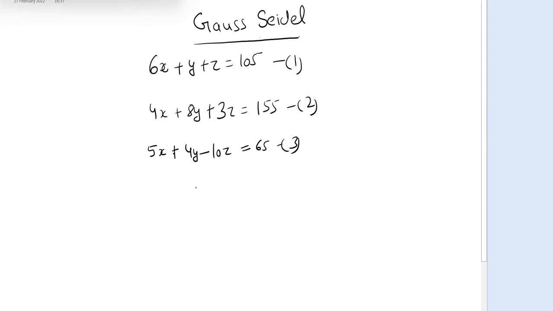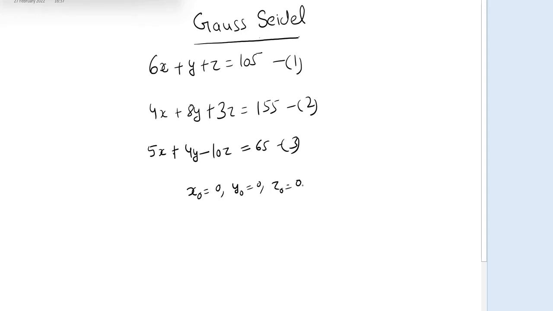Now the first thing to do in the Gauss-Seidel method is to guess the initial values of all three variables x, y, and z. I will use the initial values x0 equal to 0, y0 equal to 0, and z0 equal to 0.